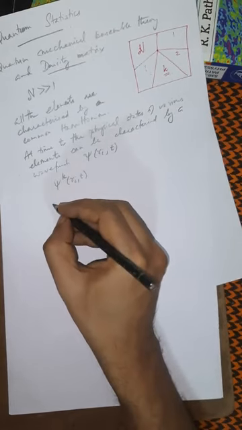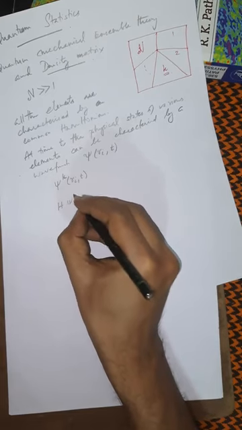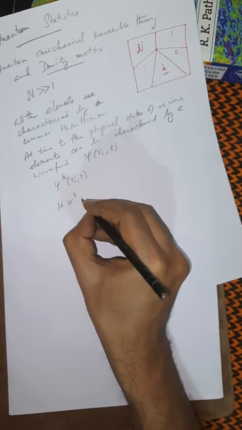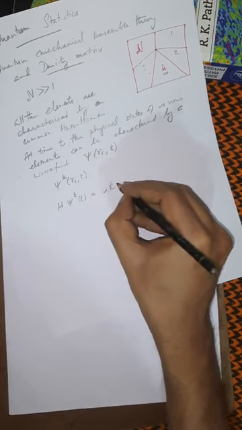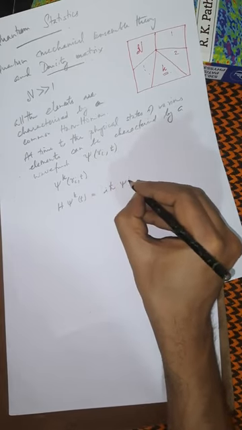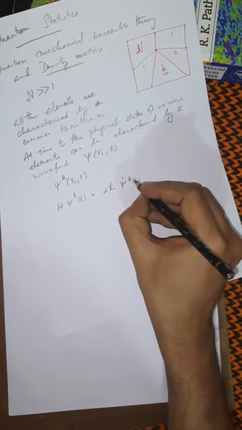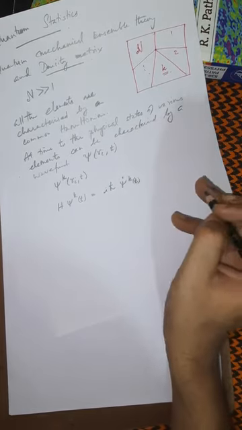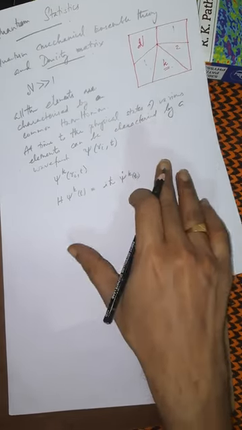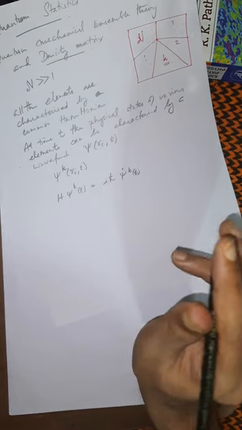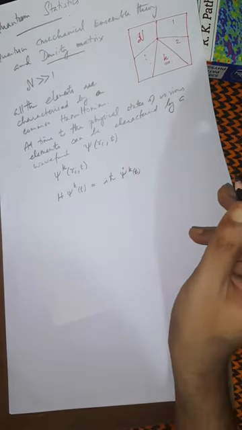So the time variation of psi_k(t) can be represented as H psi_k(t) is equal to i h-bar psi_k dot(t), differential with respect to time. So H psi_k(t) is equal to i h-bar psi_k dot(t).